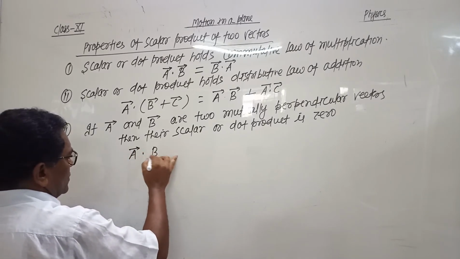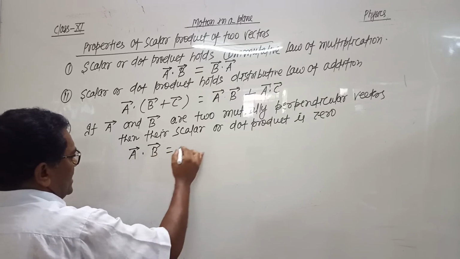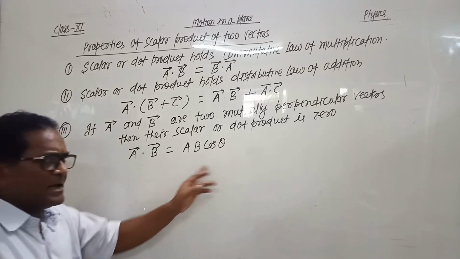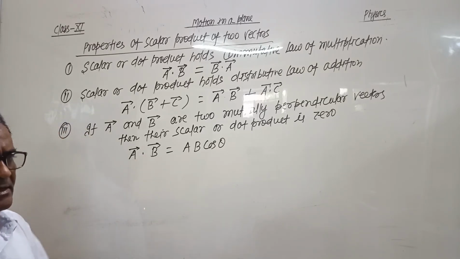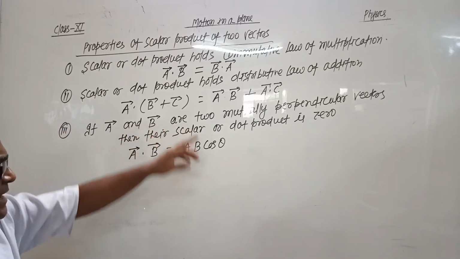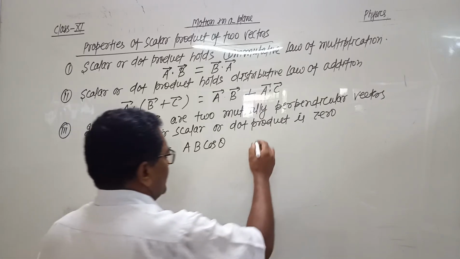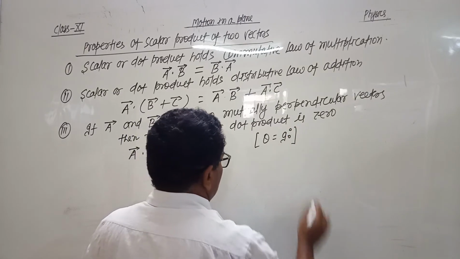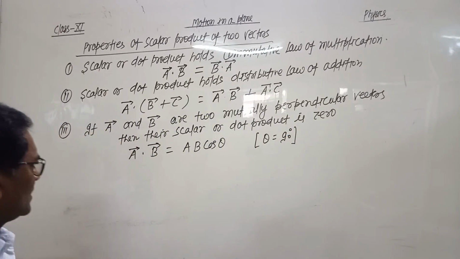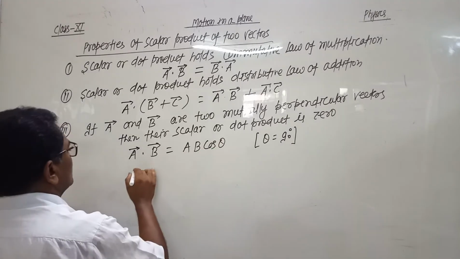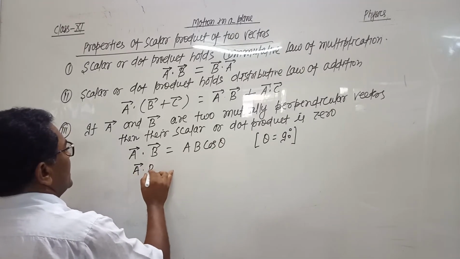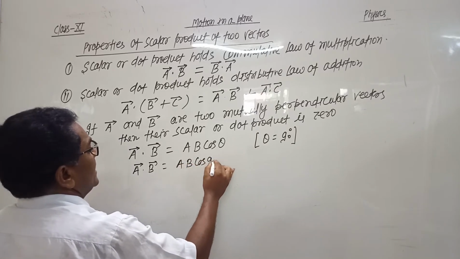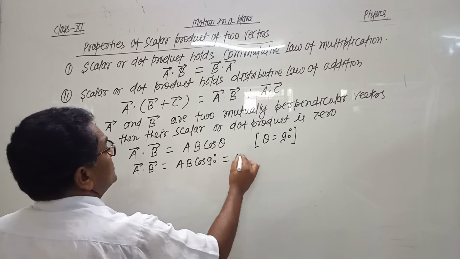We know the formula for dot product: A dot B equals AB cos theta, where theta is the angle between the two vectors A and B. If two vectors A and B are mutually perpendicular to each other, it means the angle between them, theta, equals 90 degrees. So using theta equals 90 degrees, we get A dot B equals AB cos 90 degrees, and the value of cos 90 is 0.